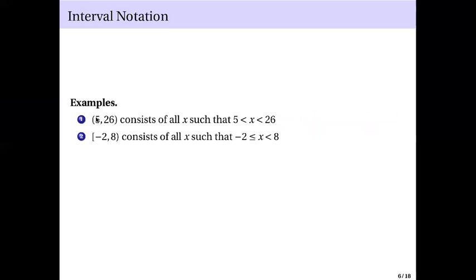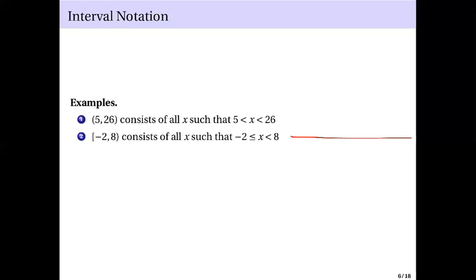Okay, next you have open square brackets, negative 2 comma 8 close parenthesis. So in interval notation, this is written as x greater than or equal to negative 2 but less than 8. And graphically, we have the following.